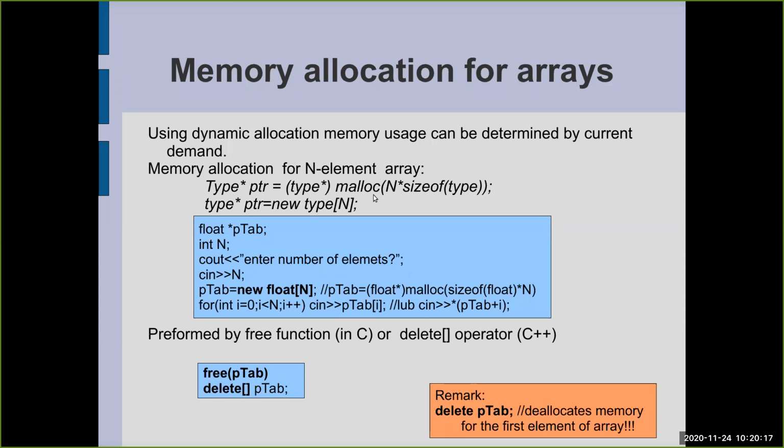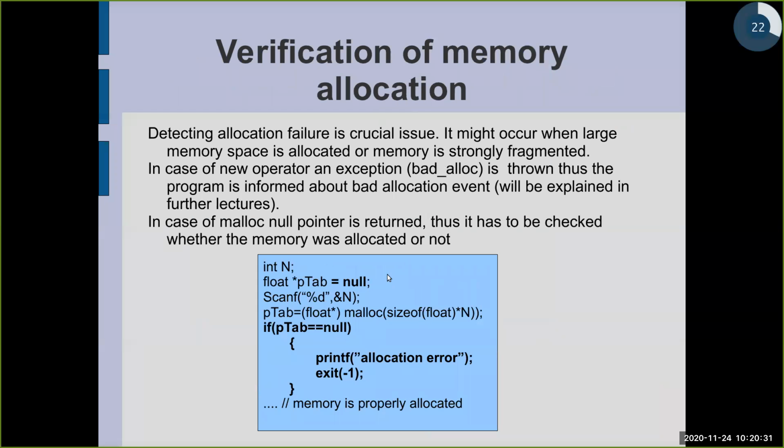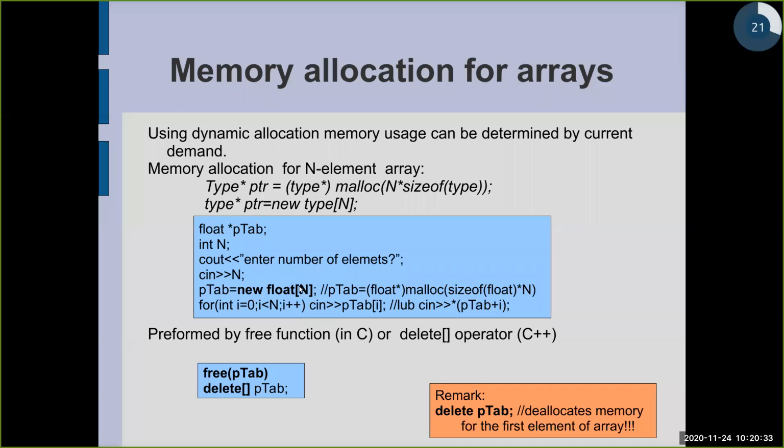So look, allocating memory for a single variable, let's say it makes no sense. But it makes sense for allocating memory, for example, for arrays. So here you have an example. So I have a pointer to float.